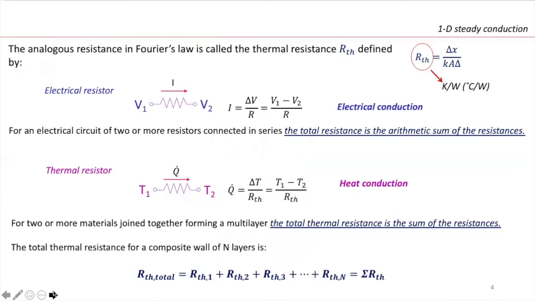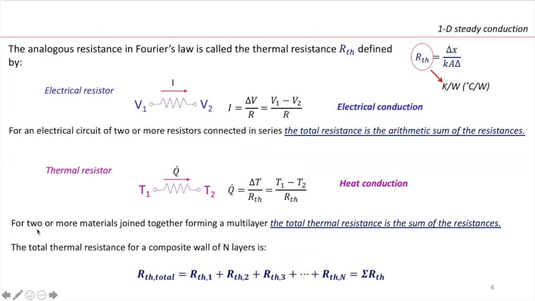Just because of that. So then here I'm just showing the difference between an electrical resistor and a thermal resistor. One for electrical conduction, the other for heat conduction. And we are going to define our thermal resistance then as delta X, the thickness of the wall, divided by K, thermal conductivity, and the area.